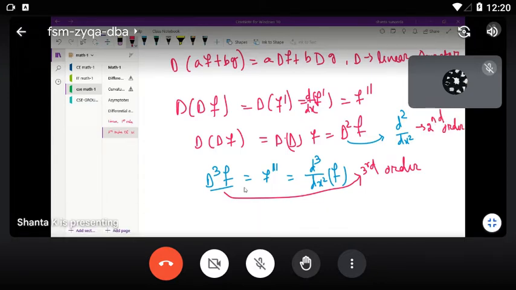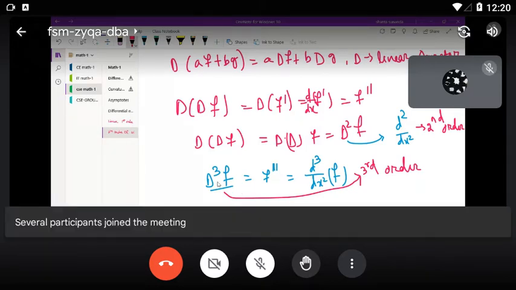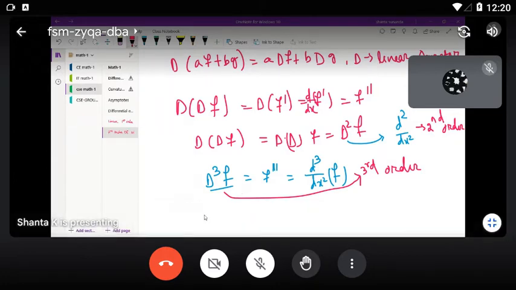So D4 means fourth order derivative. We will be writing the terms with respect to this differential operator, and here the minimum possible is D0, which means 1. We are not differentiating this one, so it's 1.